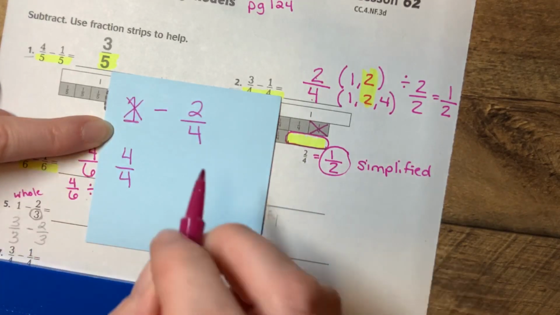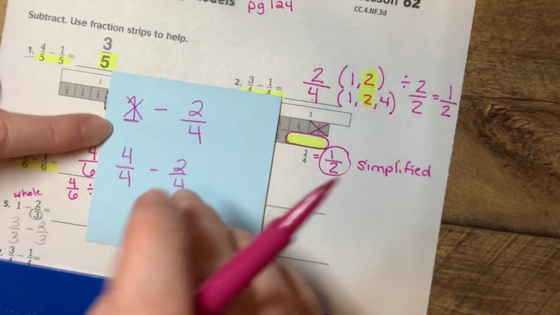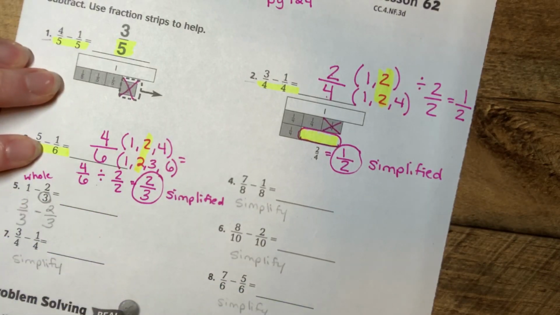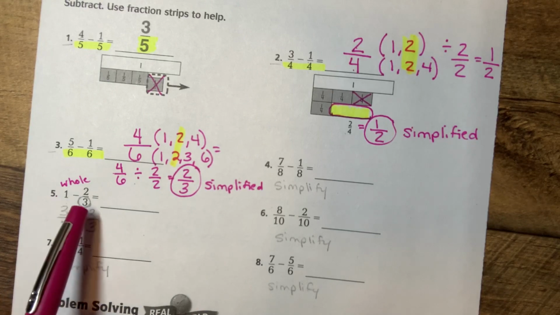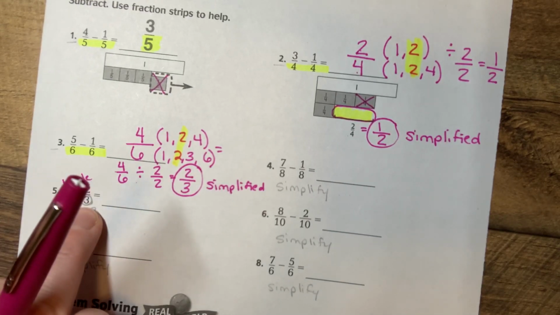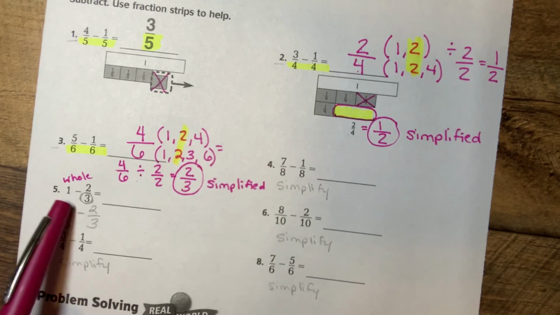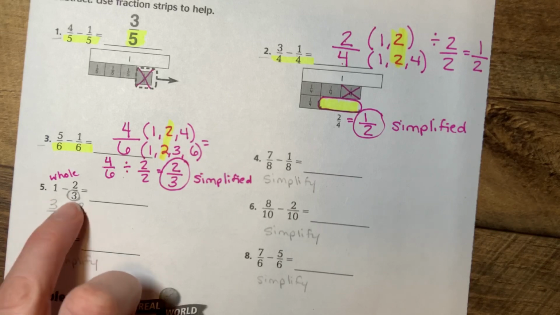That was a 1. And then take away my 2/4. So anytime you start out with a 1 whole and you're trying to subtract something, you need to change it into whatever the denominator is. Now there will be some times where this is a different number, and we'll talk about how to convert that. But for 1 whole, you just change it into the 3/3 here.